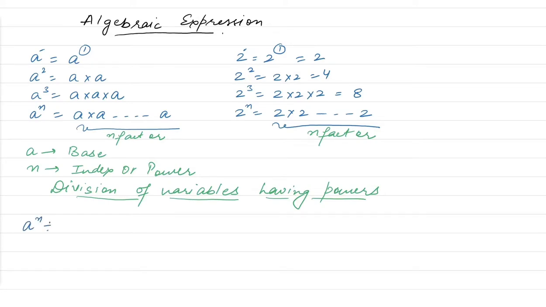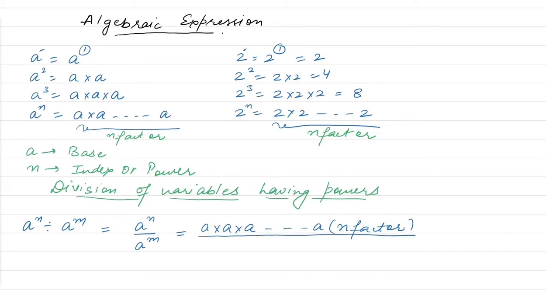If there is a variable a to the power n, divided by a to the power m, that can be written as a to the power n divided by a to the power m. This equals a times a shown up to a having n factors, divided by a times a times a shown up to a to the power m, or we can say m factors.